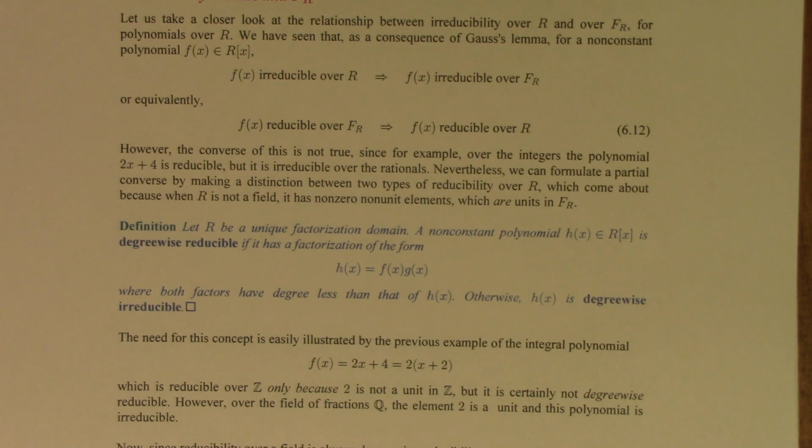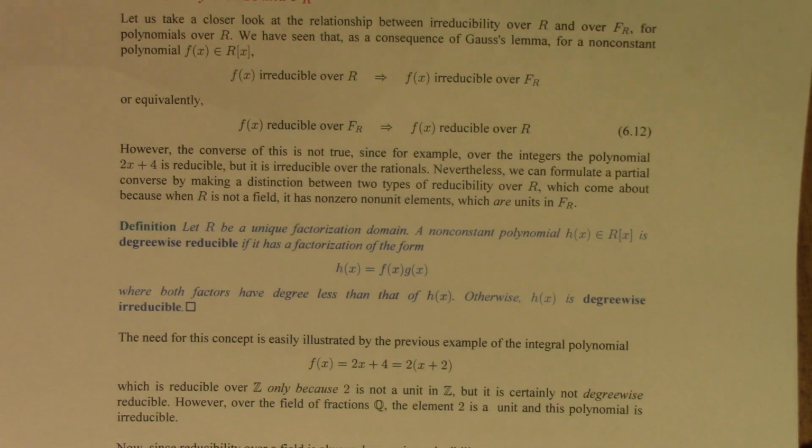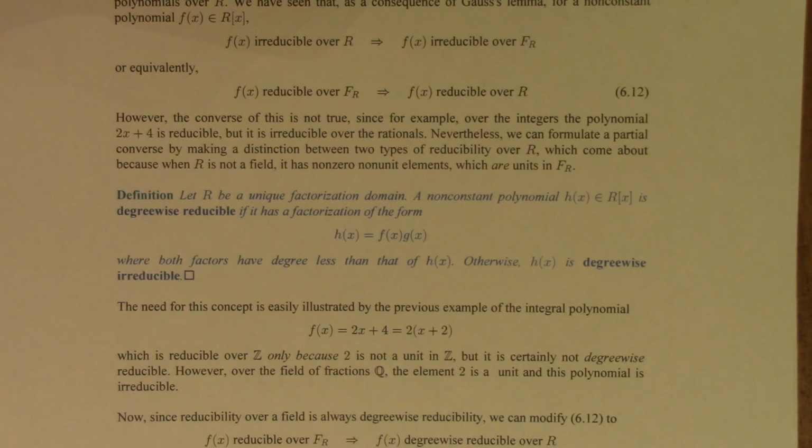But over the rationals, 2 is a unit. Inverse is 1/2. So that factorization is now trivial, tells us nothing about reducibility or irreducibility. What does tell us that this is irreducible over the rationals is that it's linear. And therein lies the difference.